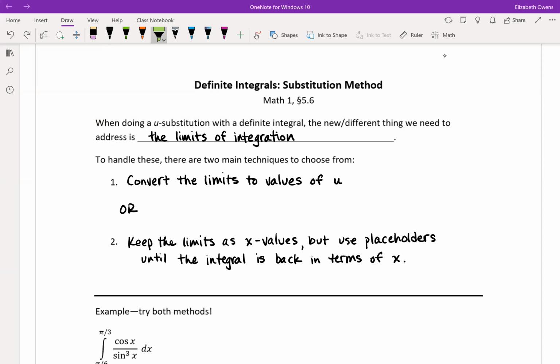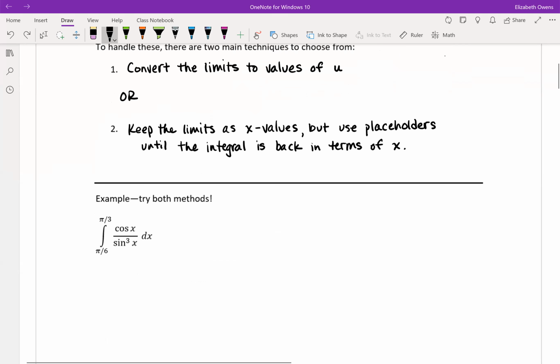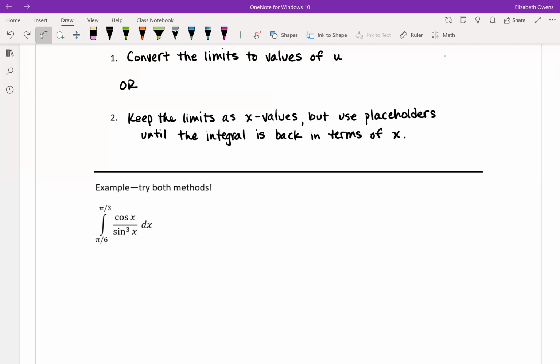So you can convert your limits to values of u or keep the limits as x values but use placeholders. In this first example, we're going to go through the same problem twice using the two different methods of approaching our limits.